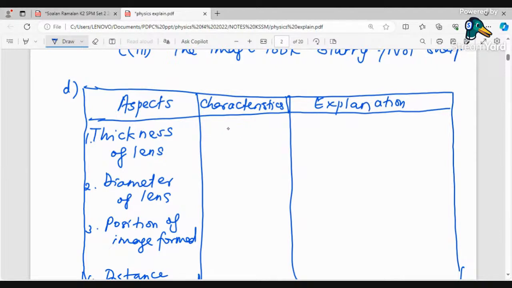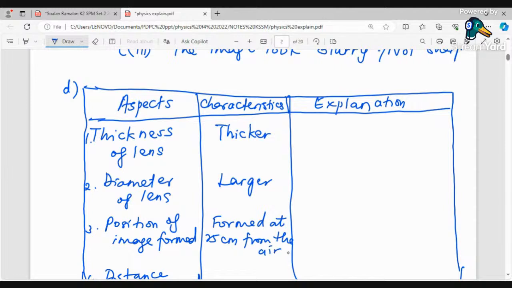Okay, thickness of lens you boleh masuk ialah thick. Atau thicker pun boleh. Okay, diameter larger atau large. Position of image formed at 25 cm from the eye.